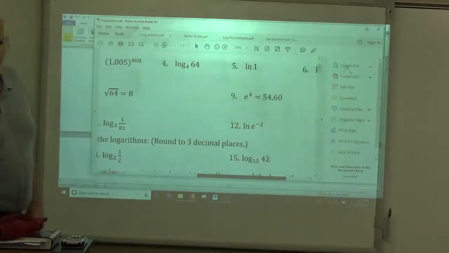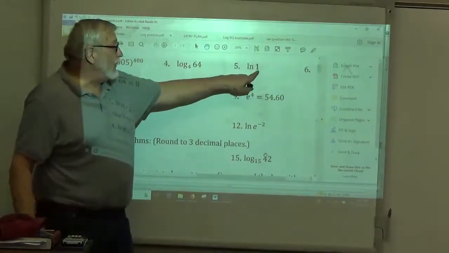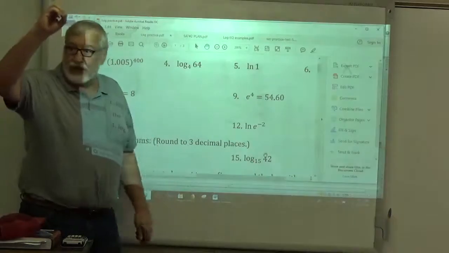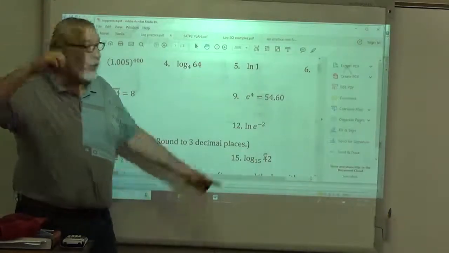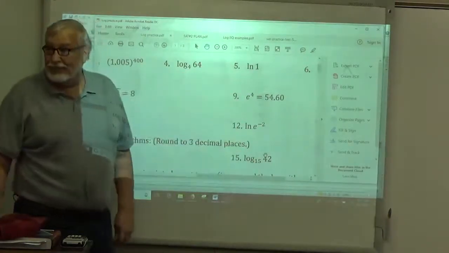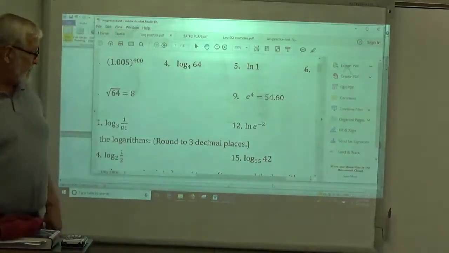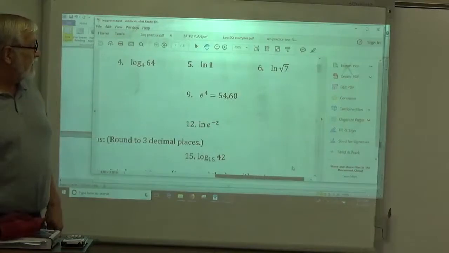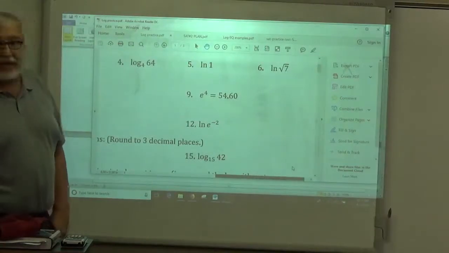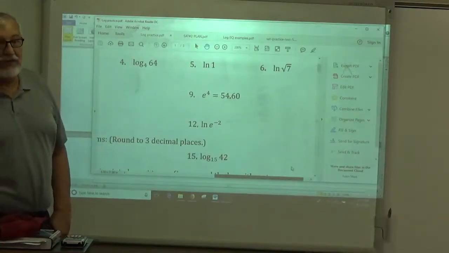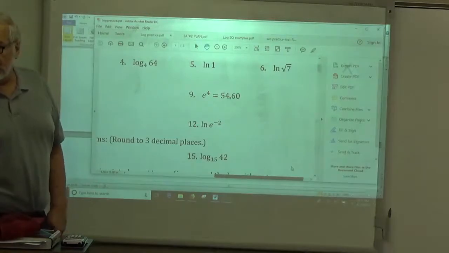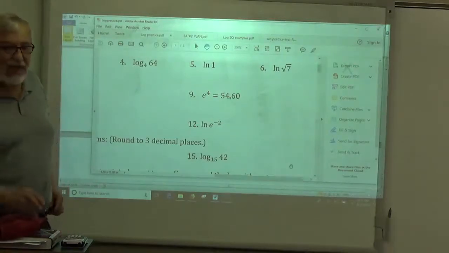Any number that produces a 1, the exponent was 0 to produce a 1. So that answer is 0, and I'm not sure what this one is. Again, that's just straight calculator, only you have to use a different button. You don't use the log, use the ln button. Let's do that one, just so you know.